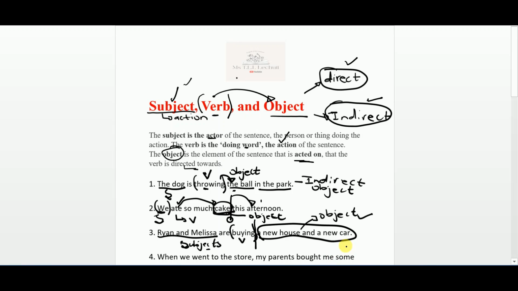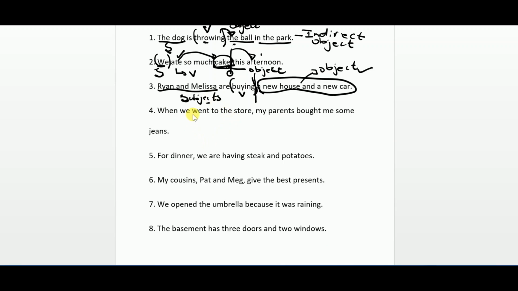And then sentence 4, when we went to the store, my parents bought me some. Okay, let us just quickly look into this one and increase the font size. So it says, when we went to the store, my parents bought me some jeans. Now this one is interesting.